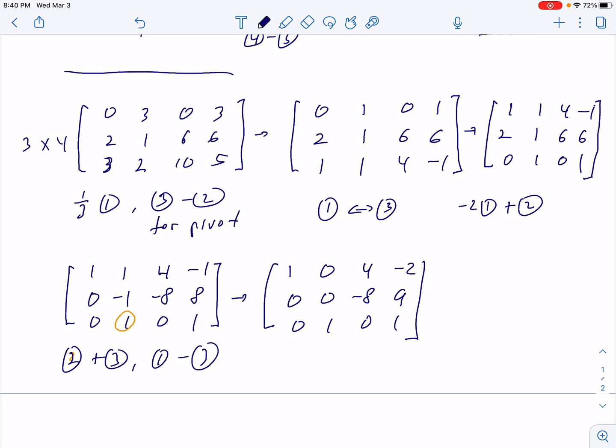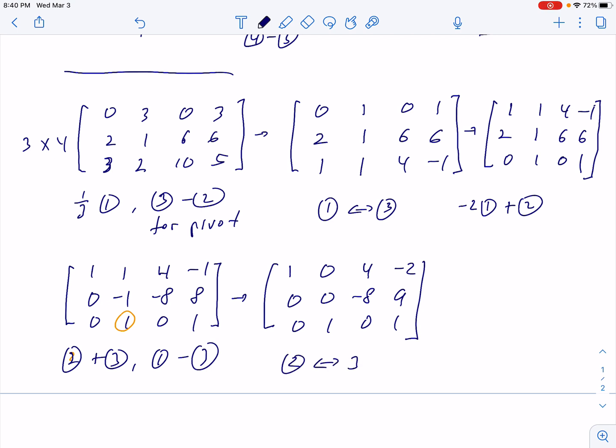And now I will put the third in the second place, because this will be more natural to have a pivot in the second position, in the second column. So I shall swap second and third.